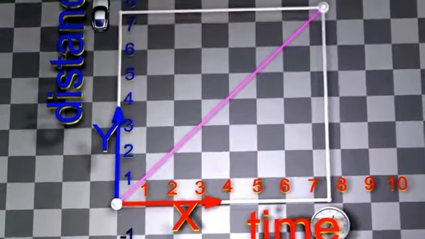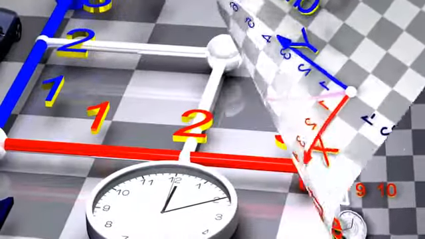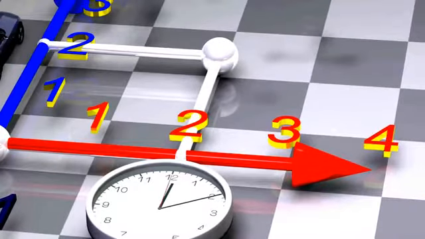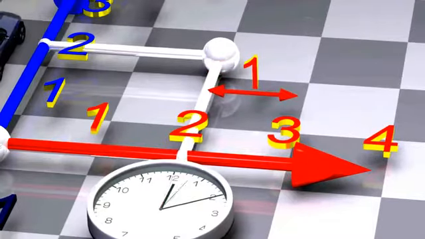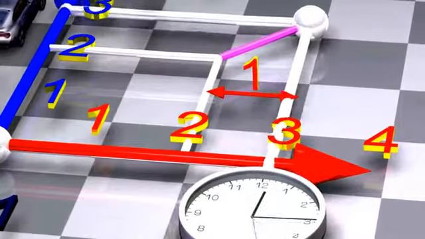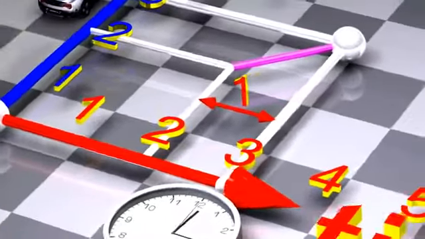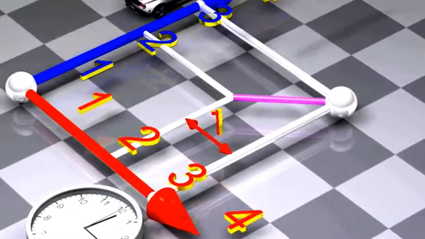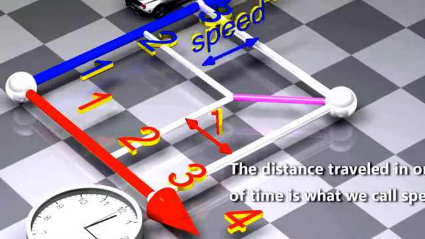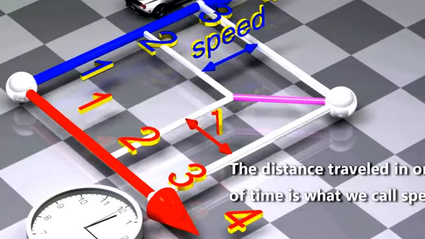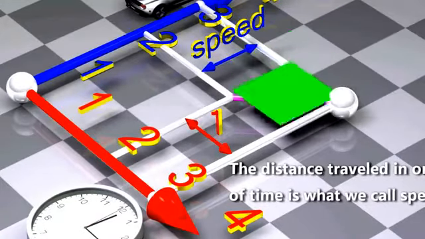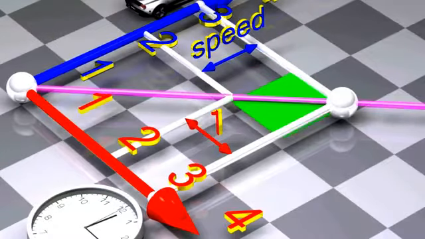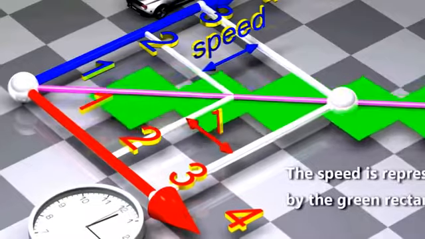Let us focus on what happens during just one unit of time. The distance traveled in one unit of time is what we call speed. The speed is represented by the green rectangles.